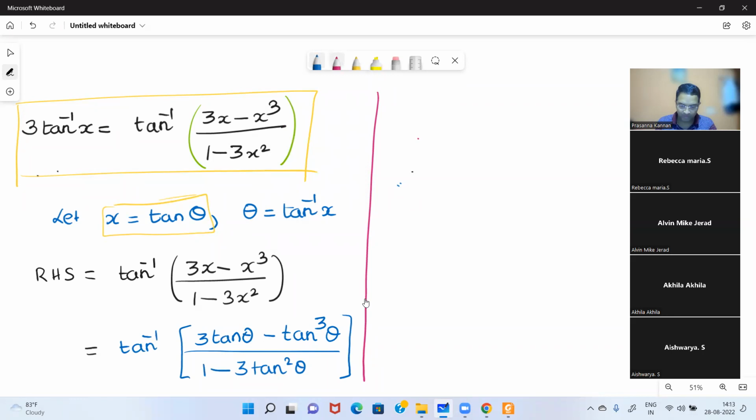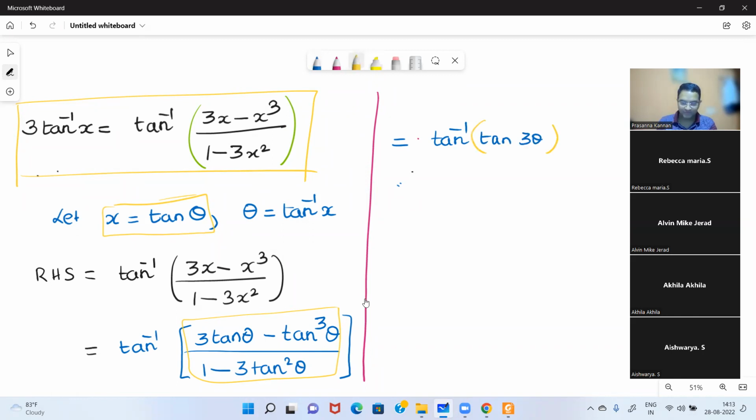Have you seen this formula before? Yes, sir. What is it? Tan 3 theta. Yes or no? Yes, sir.